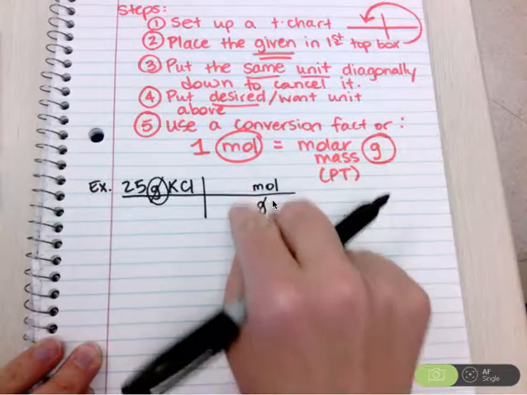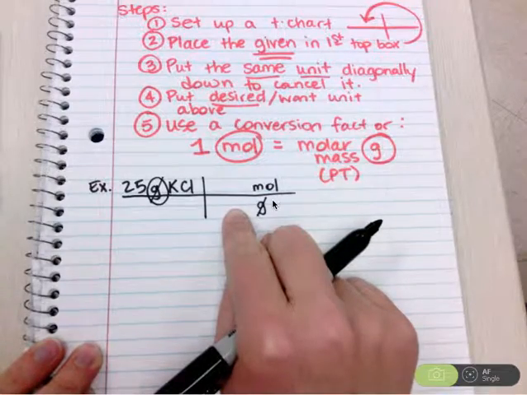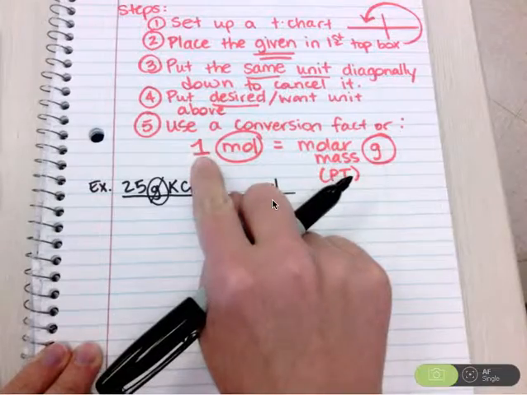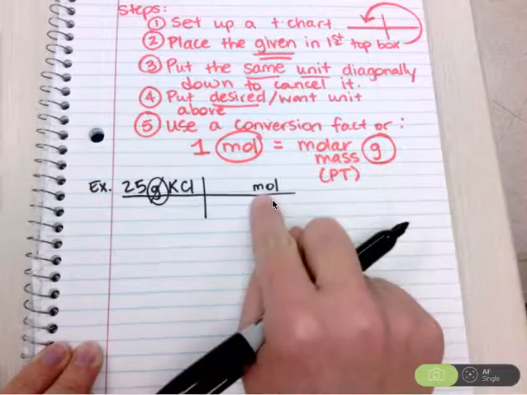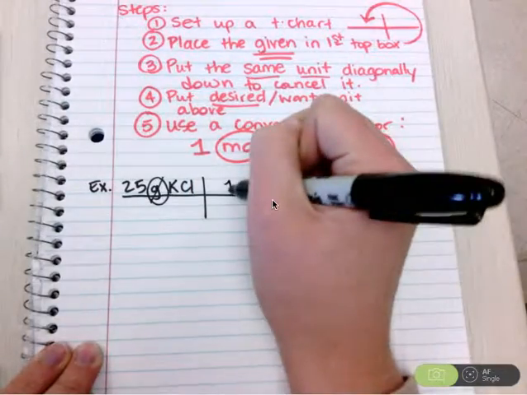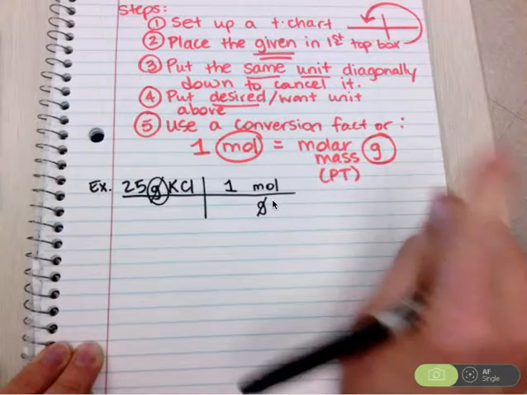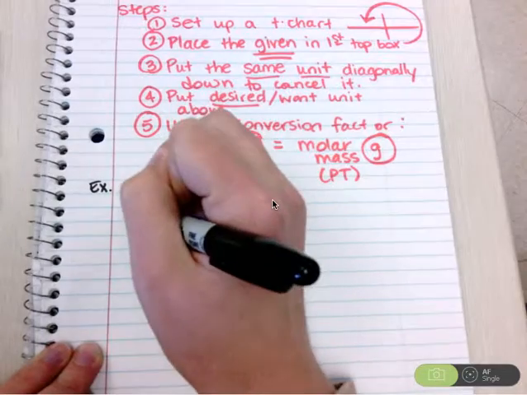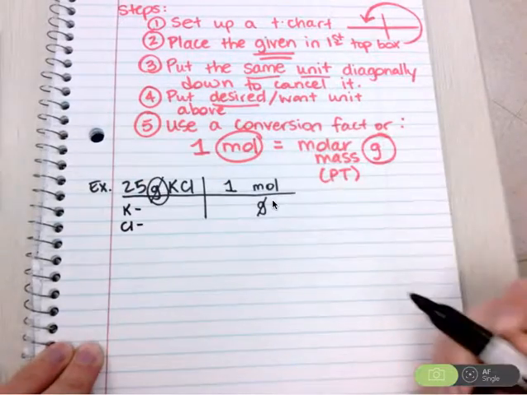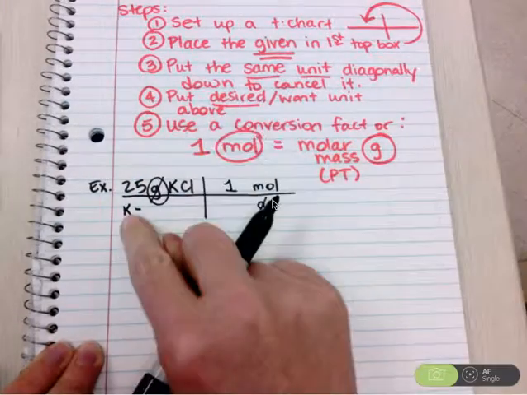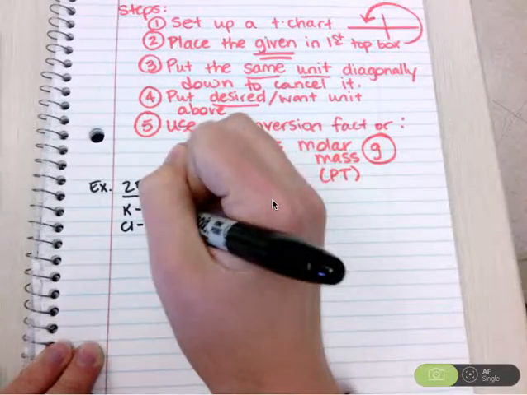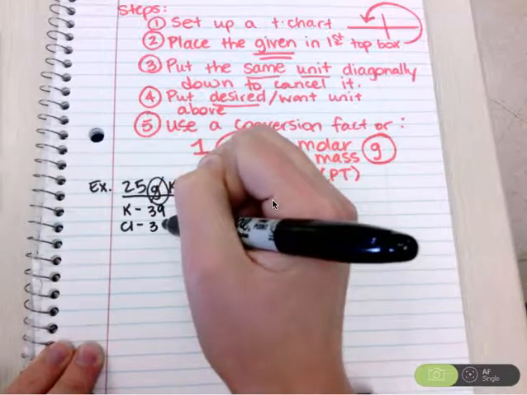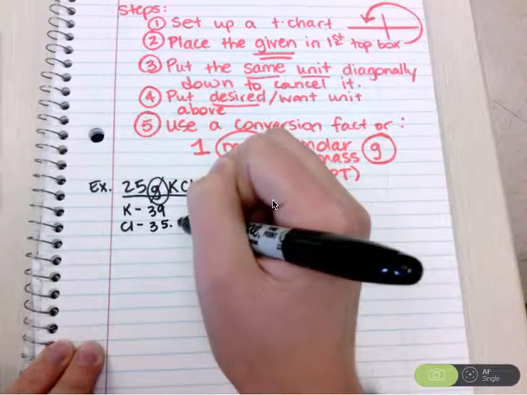Then I need to figure out what numbers go in this conversion. So I need to use a conversion factor. 1 goes in front of mole. So where I have moles, I need to put a 1. The molar mass goes in front of grams. So I'm going to have to calculate the molar mass. K weighs 39 on the periodic table, and chlorine weighs 35.45.